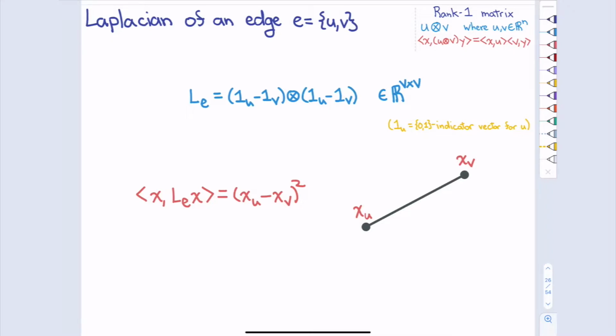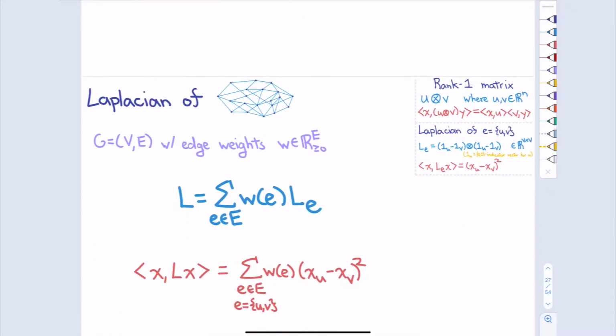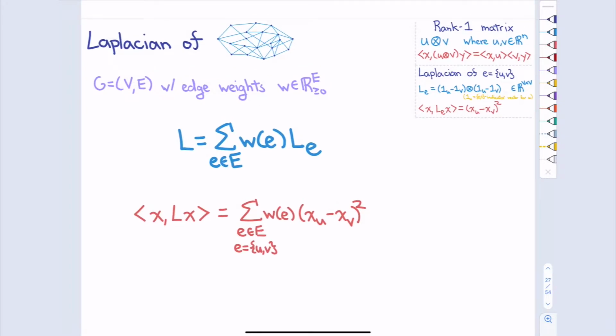Okay, fine. And then finally, we can define the Laplacian of a graph as the weighted sum of these individual edgewise Laplacians. That means if I'm applying x, I'm doing an inner product over L, so to speak, xLx. Then I'm summing over all the edges, maybe weighted by the edge weights, but just taking the difference of the endpoints squared.